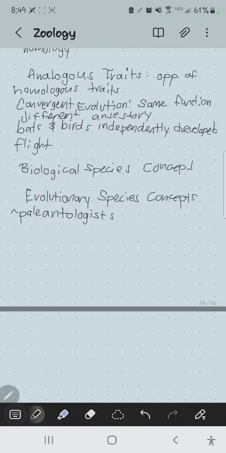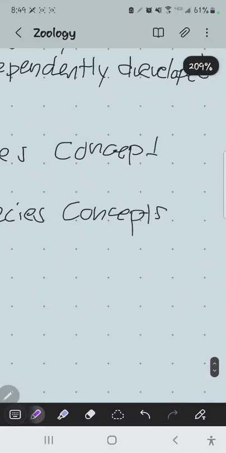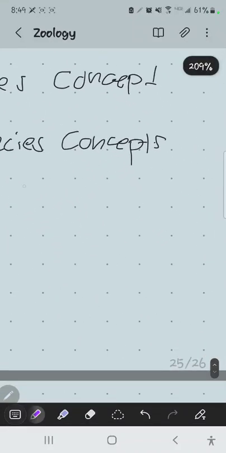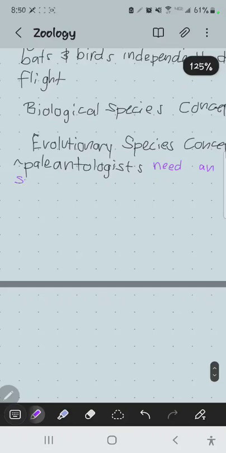But I want to point out, I guess the test question will be, why do paleontologists need an alternative species concept from the biological species concept? And the answer is because fossils are remnants of ancient organisms. You can't apply the biological species concept.